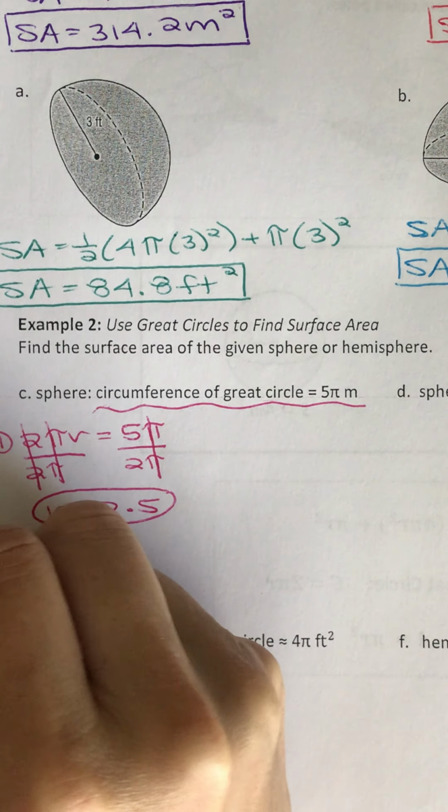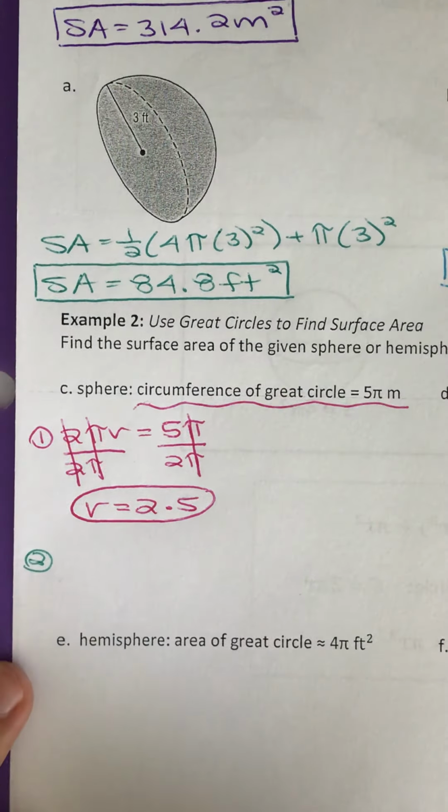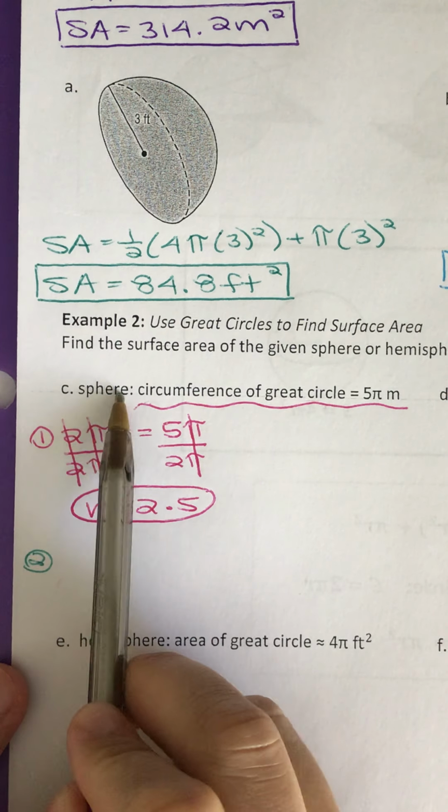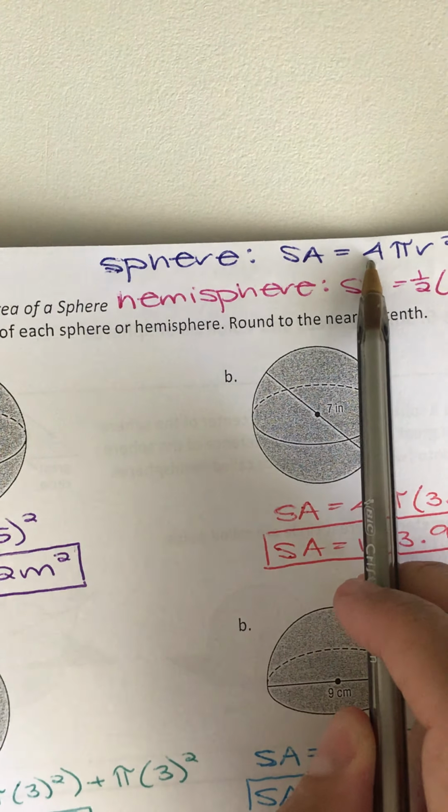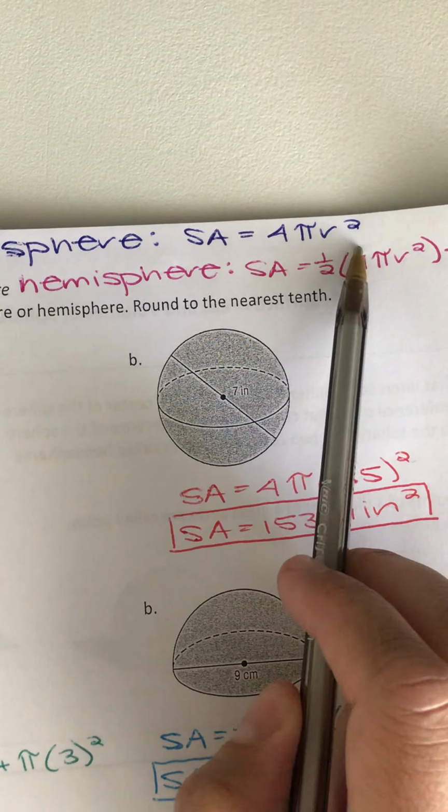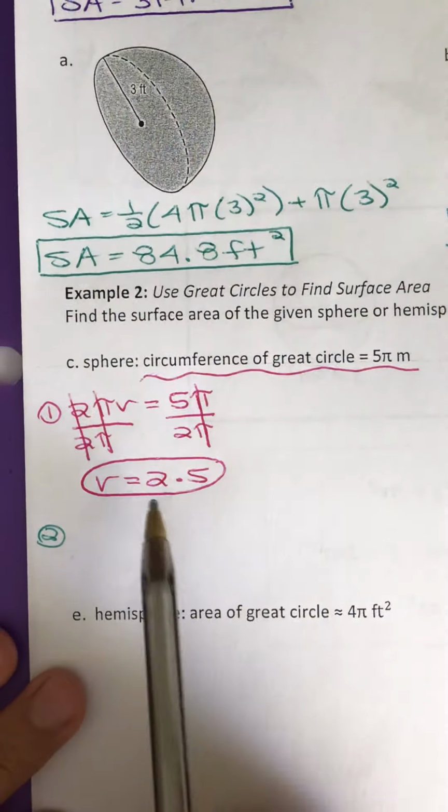So now my second step is I'm looking for the surface area of a sphere. So if I look back at the top, my surface area of a sphere is 4 pi r squared. So I'm going to use my new r.